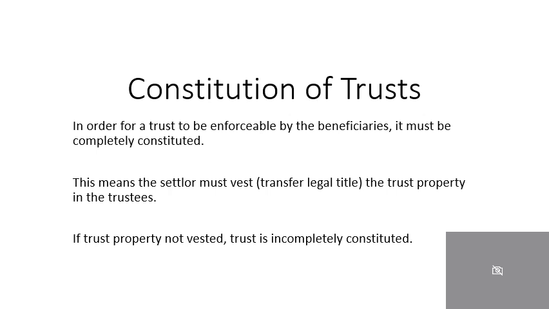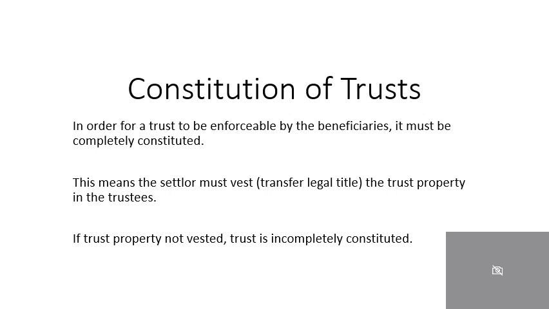So we have looked at the basic outline of a trust, which is usually there is a settlor, the person who created the trust, transferring trust property or setting up a trust where he's named the trustees and he's named the property and he's also named the beneficiaries.